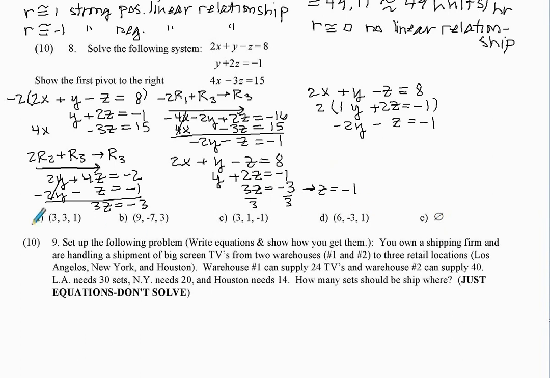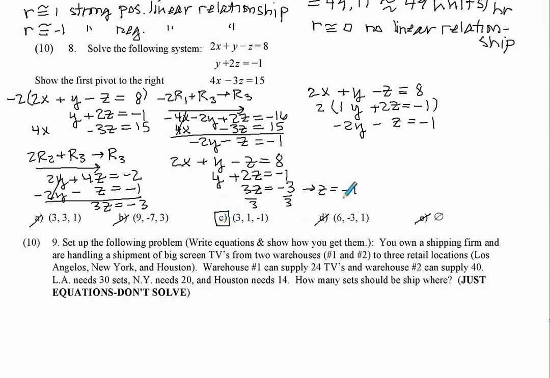So actually we can look over these choices here, and z is negative 1, so this choice is out. And here z is 3, so that's out. Here z is negative 1, that's a possibility. Here z is 1, that's out. And here that's no solution. That should be out also. It should be C.